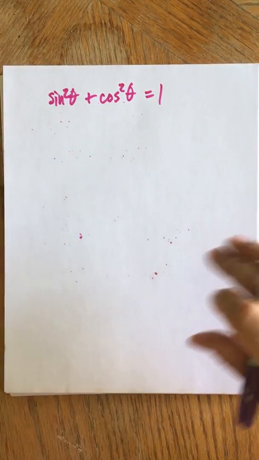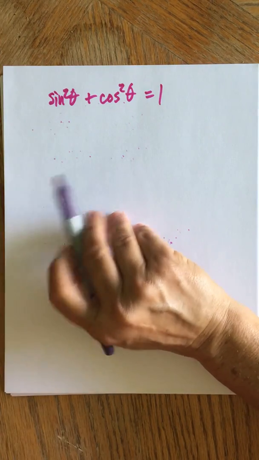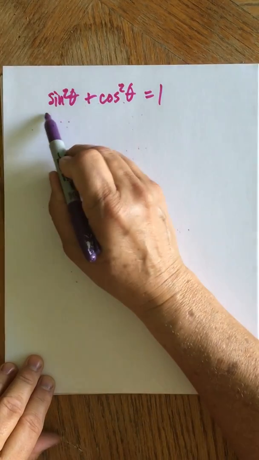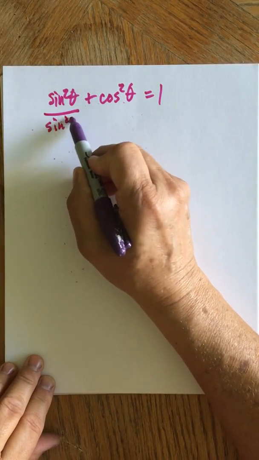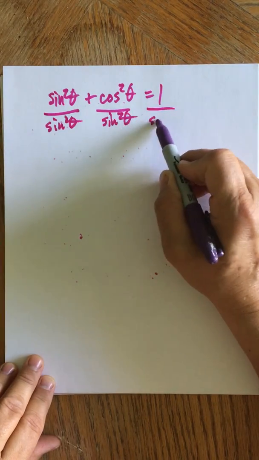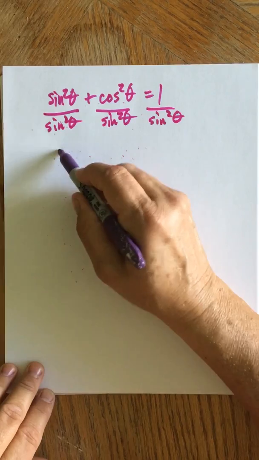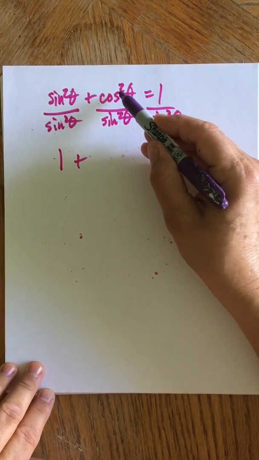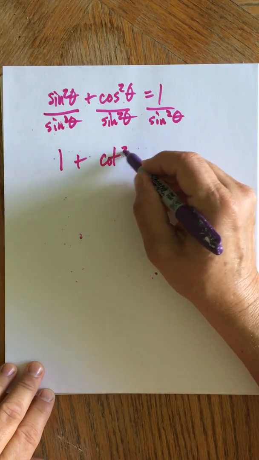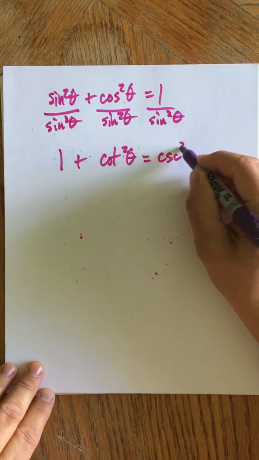Starting again with sine squared plus cosine squared equals 1, now instead of subtracting, I'm going to divide by sine squared. As long as I affect every term, this is absolutely legal. What do I get? I get 1 plus cosine squared over sine squared, which is cotangent squared, and then 1 over sine squared is cosecant squared.